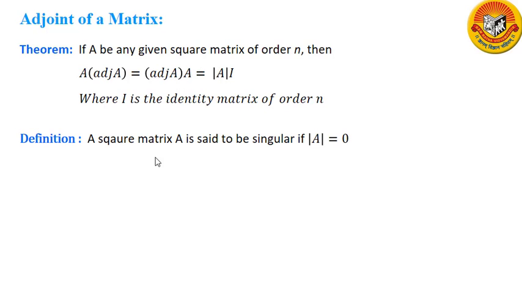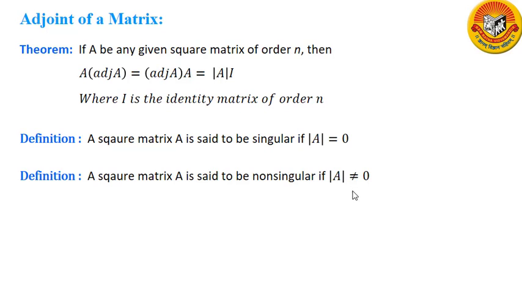Now for a square matrix A, if the determinant is 0, then that matrix we call a singular matrix, and if the determinant value is not equal to 0, we call it a non-singular matrix. So for a singular matrix, the value of determinant is 0, and for a non-singular matrix, the value of determinant is not equal to 0.